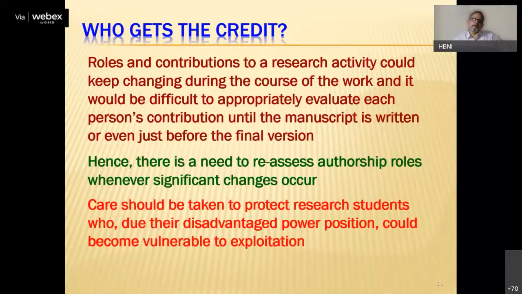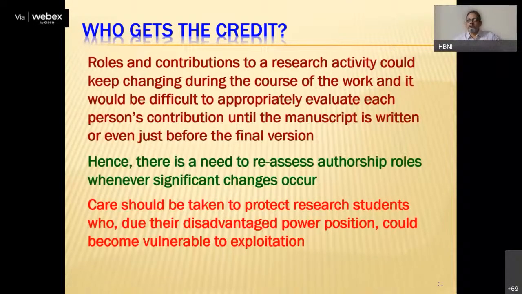And also, this is very important, research students form a very important component of research activity, and hence really good care should be taken to protect their interest. Why? Because a research student is in a disadvantaged power position. He does not have a permanent job in that institution. He is not a part of the faculty.